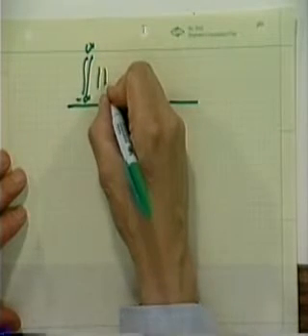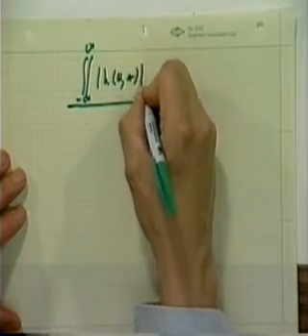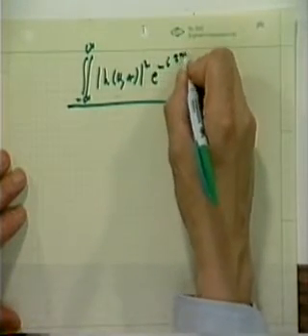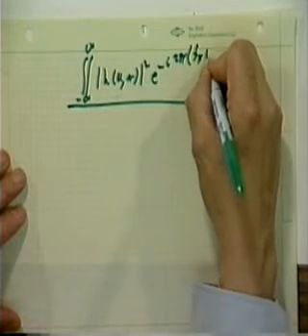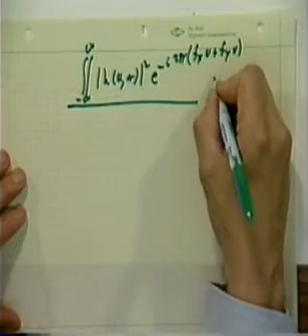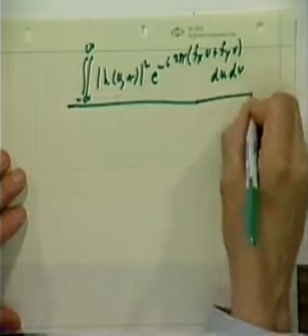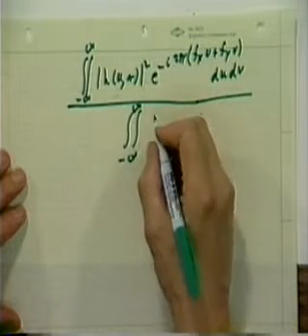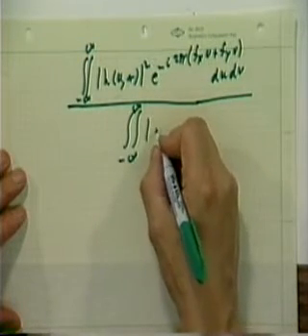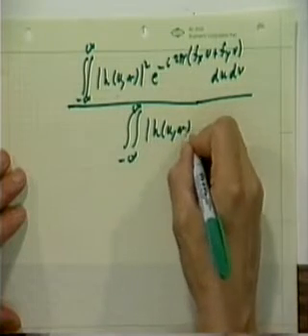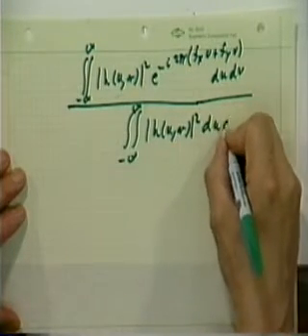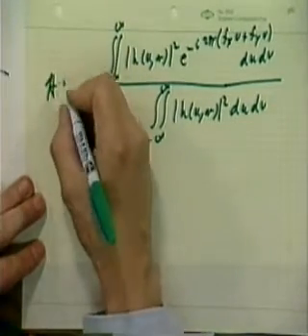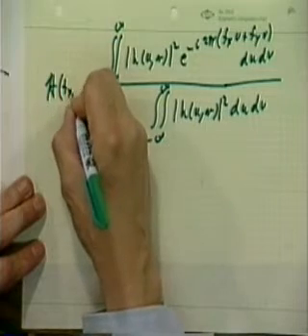So that's the Fourier transform of h of u v, magnitude squared, e to the minus i 2 pi, f sub x u plus f sub y v, du dv, and divide by what we have at zero spatial frequency. So it's just h of u v, magnitude squared, du dv, and we're going to call that script h of f sub x, f sub y.